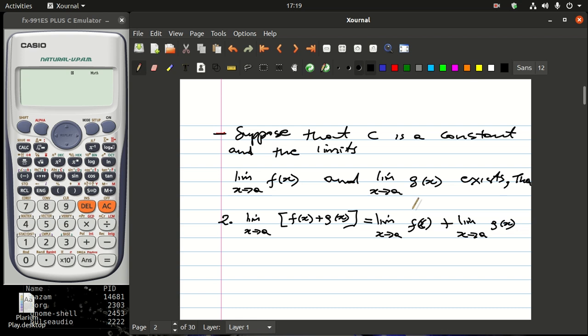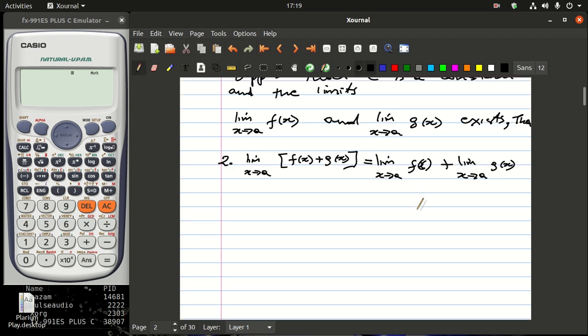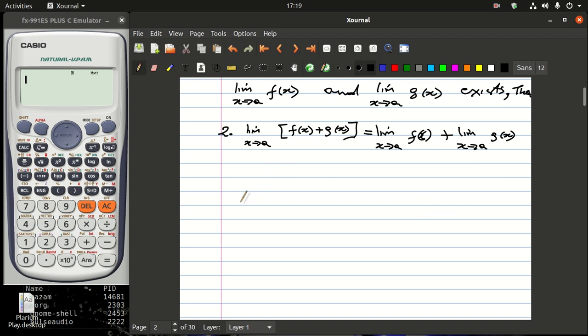Literally speaking, what this is simply saying is, try and plug in and see what you are actually getting here. And then let's take an example so that you can actually see what I'm talking about. Evaluate the limit as x approaches 0 of x plus e to the power x.